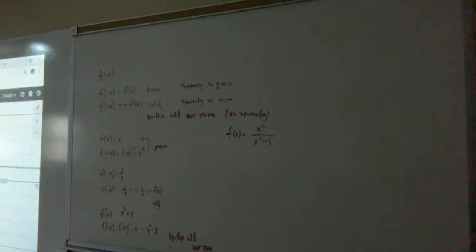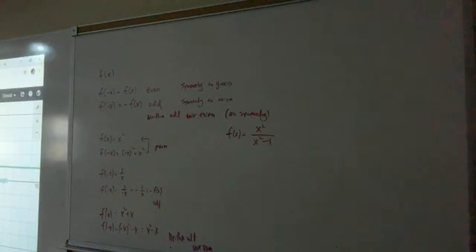If you look at -2, it's 1.333, and at positive 2 it's 1.333. So that applies to all coordinates. If one coordinate is off, then that means neither. But if the coordinates opposite from each other are the same, then it's an even function. Does that make sense?